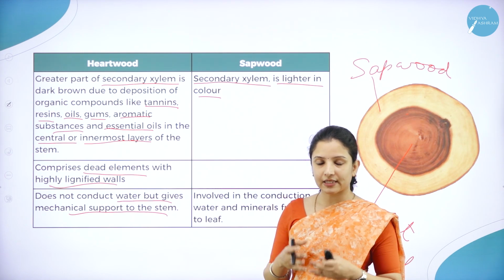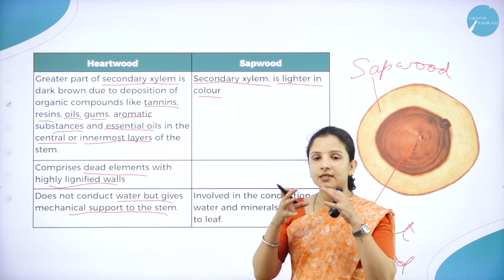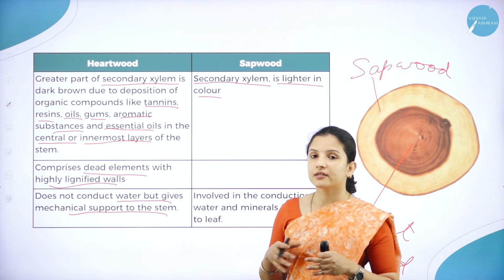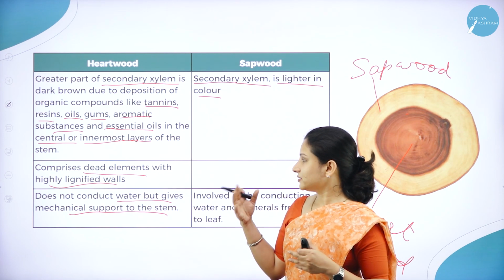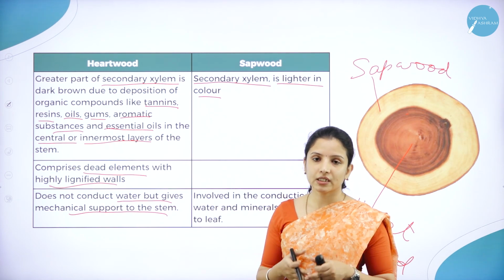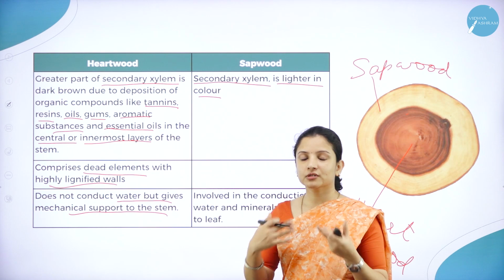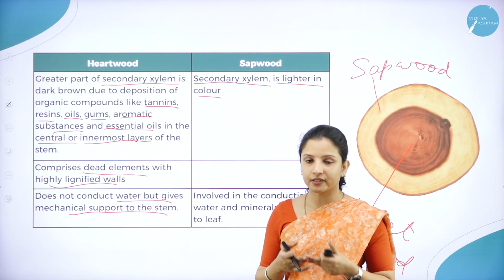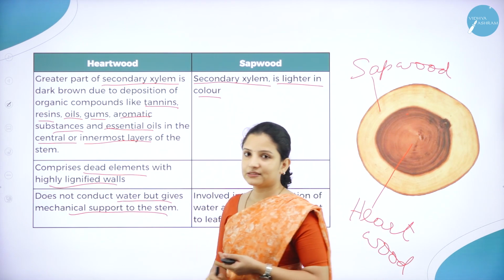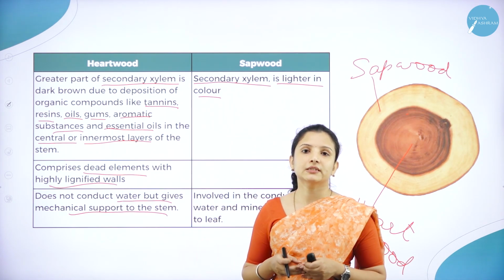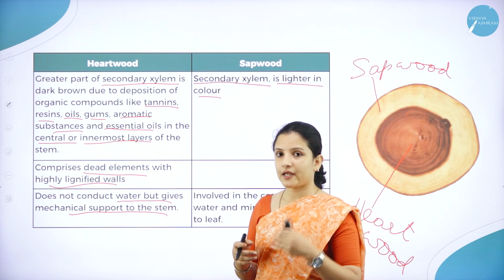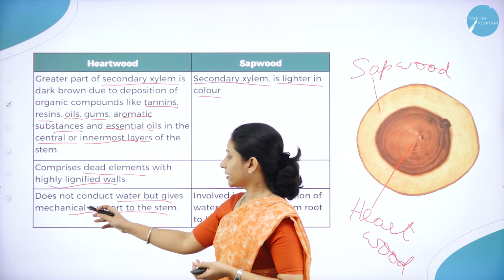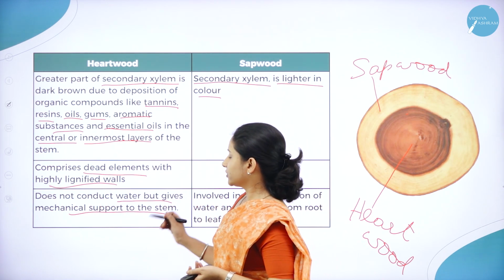Along with the secondary xylem at the center of this region, there are a lot of dead cells, that is sclerenchyma cells having lignified walls. I told you sclerenchyma's main function is to provide mechanical support to the plant. Because the majority of the cells present are dead or sclerenchymatous, they do not conduct water, but they provide mechanical support to the stem.